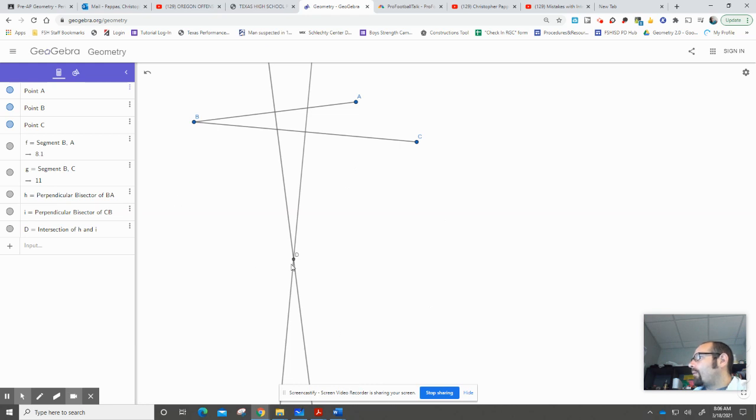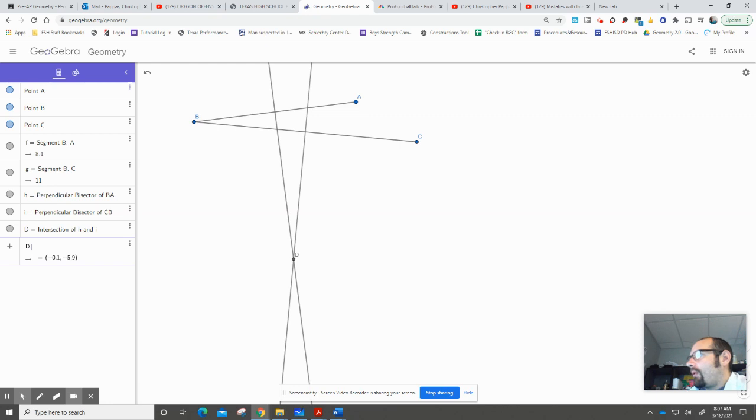So we kind of got our point D here. And so, again, point D is going to be our center. If we hit D in this little input box here, it'll give us the coordinates of point D: negative 0.1 and negative 5.9.